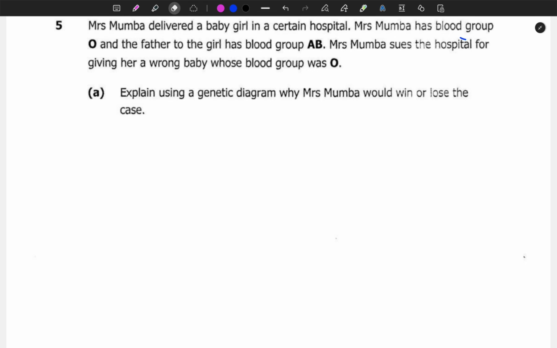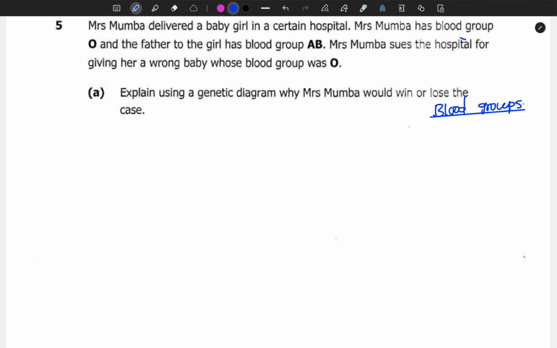Now before we dive into coming up with this genetic diagram, first let's have some notes on blood groups. So for blood groups, you need to remember words like homozygous and heterozygous. So homozygous means same letters. Heterozygous, different letters.